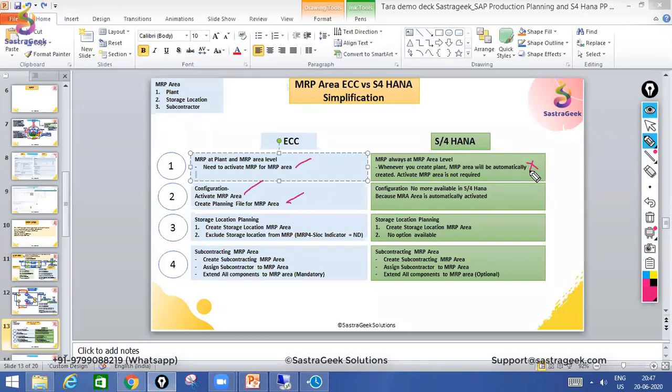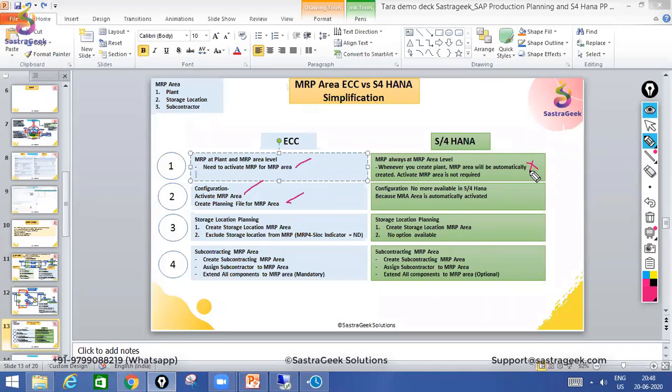Second thing, when you identify that within this plant you have 2 storage locations with one common material which is very heavy, so that I cannot transfer it from one location to the other, and I need to plan separately at storage location level, we need to create a storage location MRP area. Again, we need not activate anything in SAP. We can directly go and create an MRP area for the storage location, and it will automatically be considered in your planning.